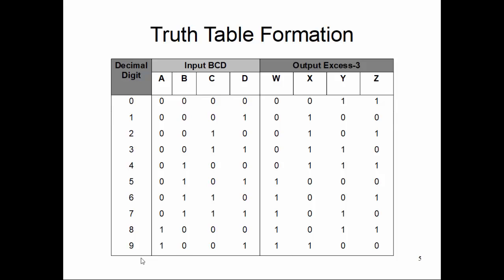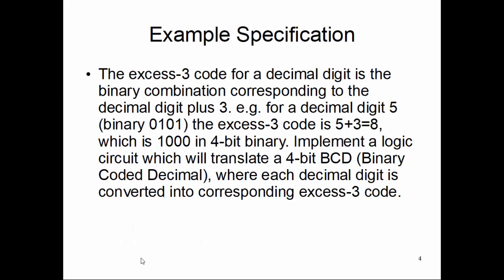Just look at the problem specification again: implement a logic circuit which translates a 4-bit BCD. That statement is bounding my input value range from 0 to 9. That means I don't expect an incoming value of 10 to 15. So I don't need to deal with that in my circuit, and they become don't care.